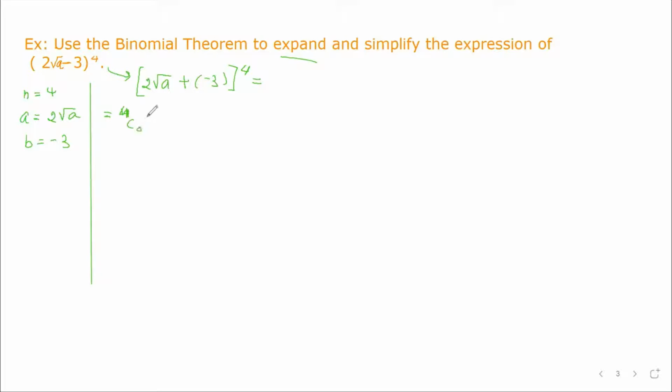4C0, a is 2√a power 4 minus 0. If we know, we can replace right away, and b is negative 3 power 0. And plus 4C1, and this one is (2√a) power 4 minus 1, which becomes power 3, and minus 3 power 1.